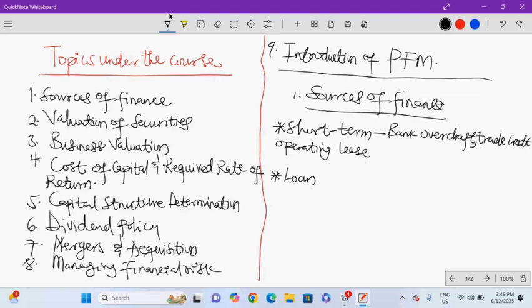Then when we talk about the long-term sources of finance, what are some of them? We have equity shares, or we can say equity finance, right?